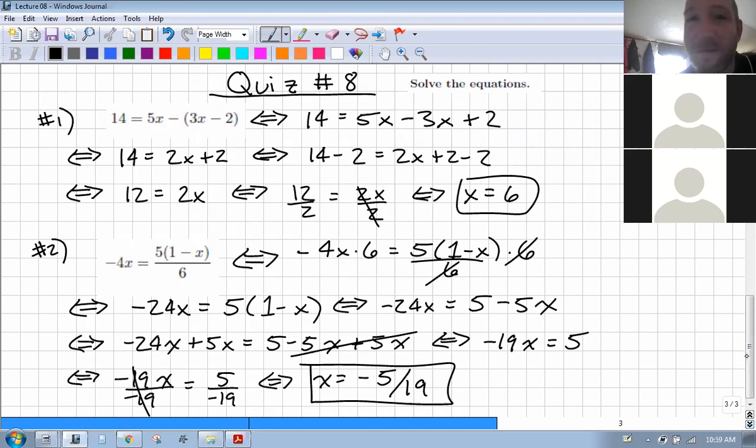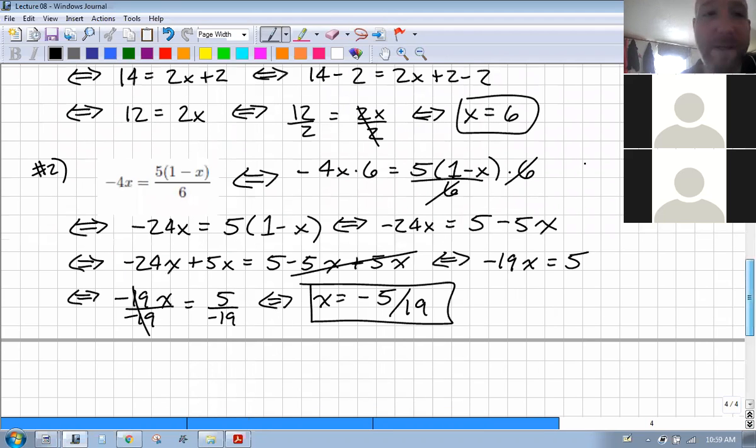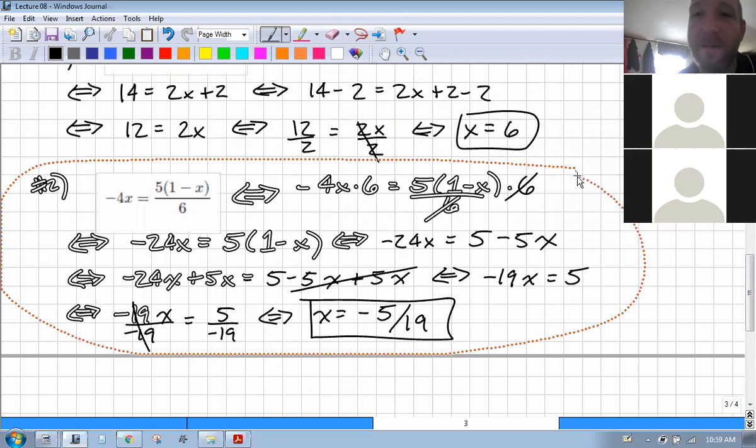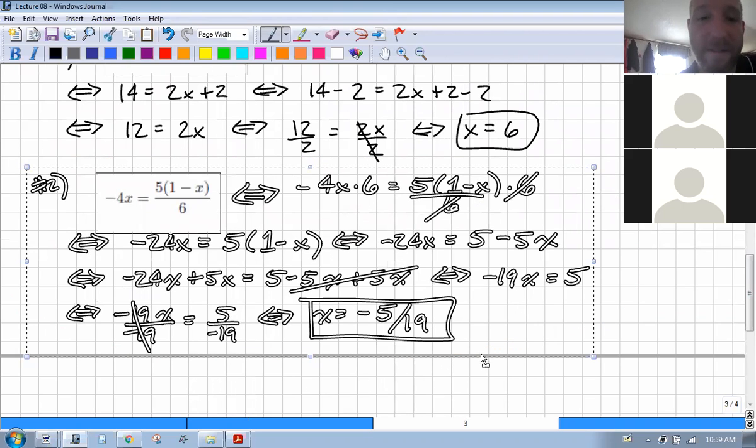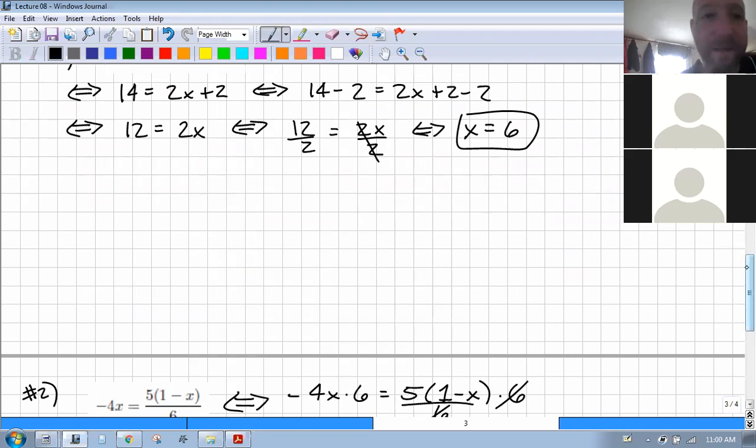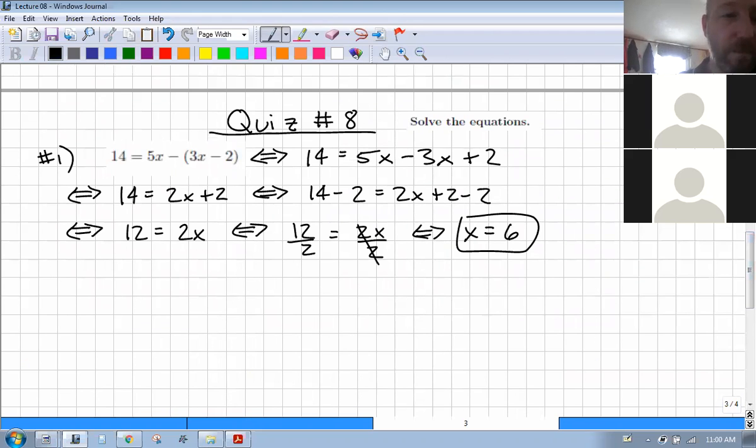All right, let's check our work though. Let's make sure we got the right answer. Let's get number 1 here and check our work. Our left-hand side is 14, right? So let's check out our right-hand side.